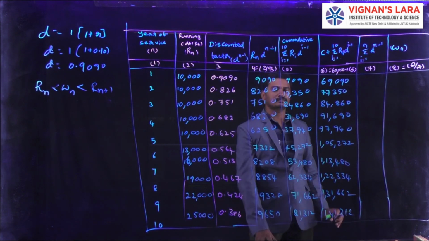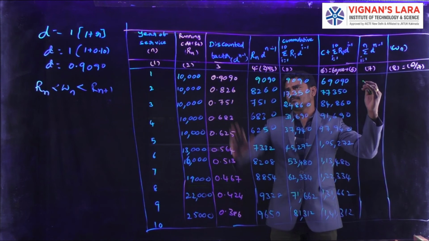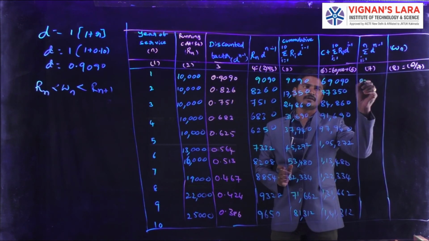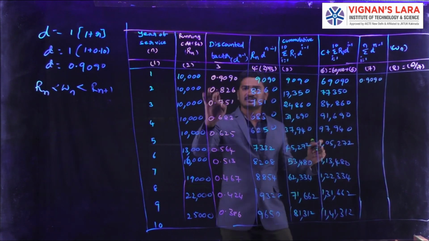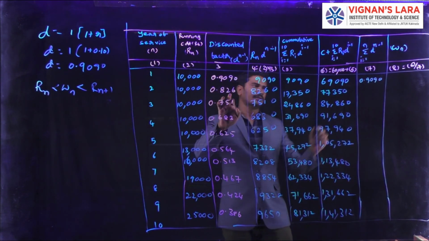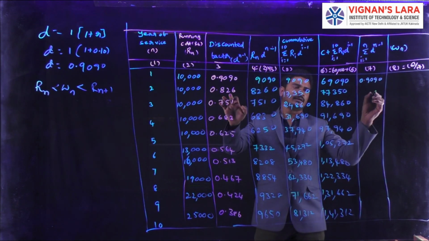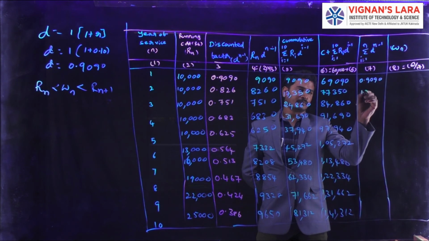Okay. Next column we are going to take the cumulative of the discounted factor. At first year we have the accumulation is 0.909. Next, coming to the second year we are going to add these two, 0.909 and 0.826. From this we are going to get the new cumulative value. Here the value is 1.735.